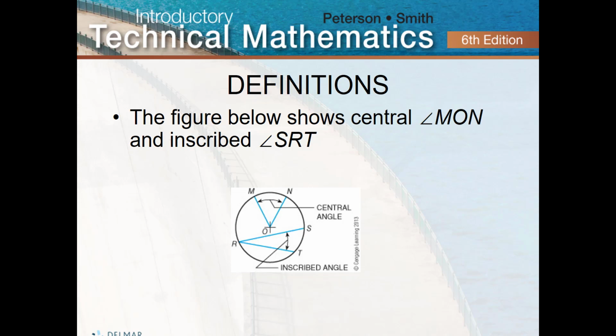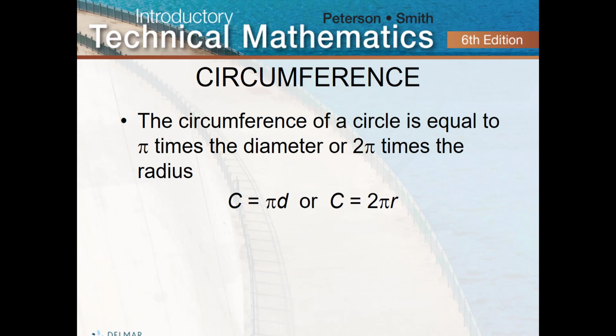All right. So, like I said, O is the central angle. Now, if I look at R here, that's an inscribed angle. Okay. It's an inscribed angle. The circumference of the circle is either pi d or 2 pi r. Okay.